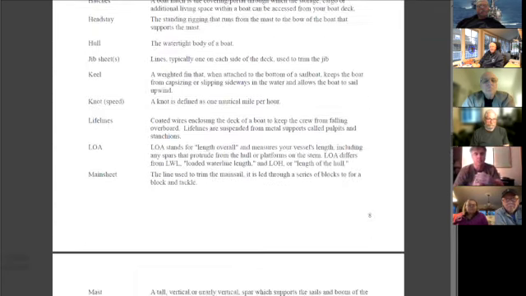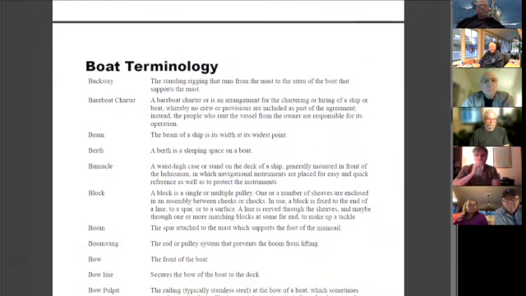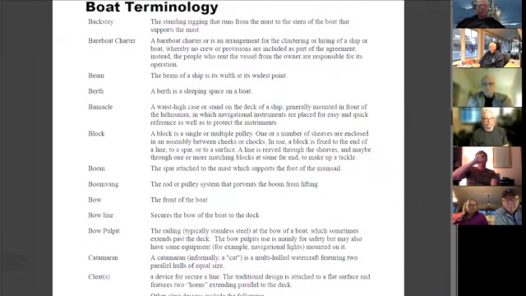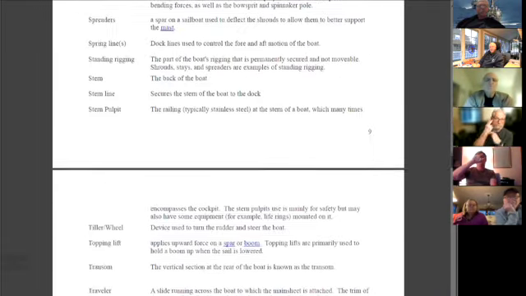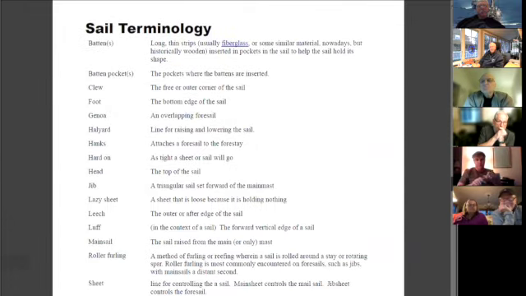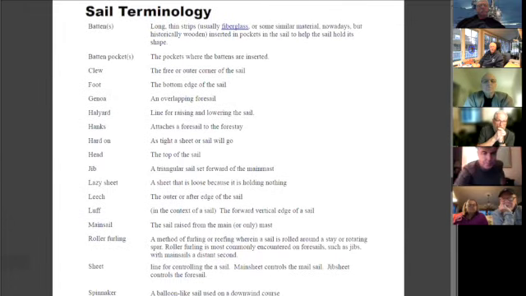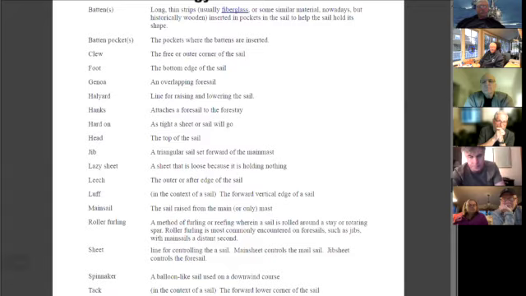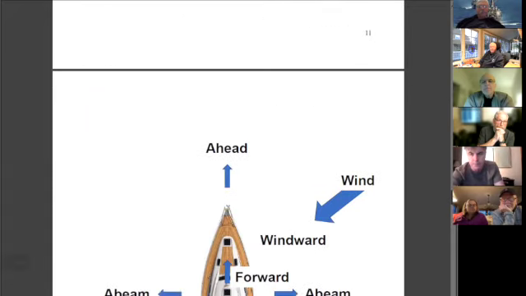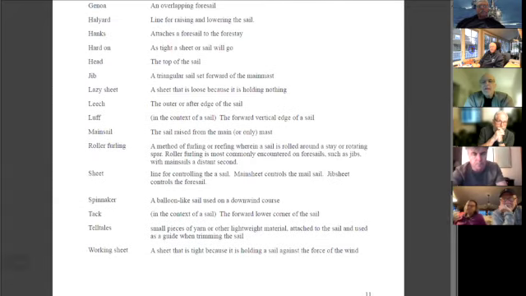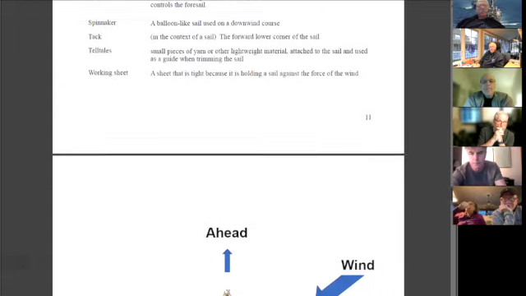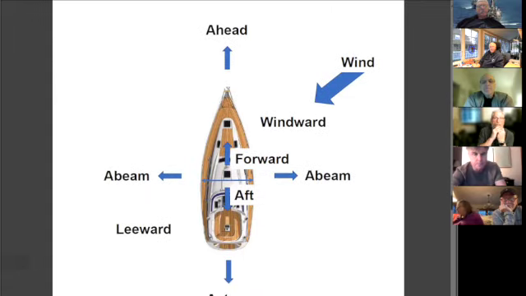This list of definitions was more about the boat and what you're going to find on the boat. The next set of definitions is more about the sails themselves and the terminology used in the sails and some of the things that pertain to the sails themselves.